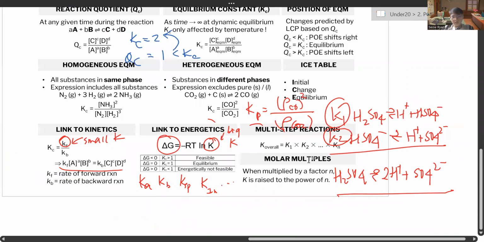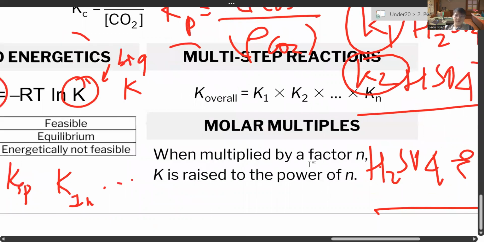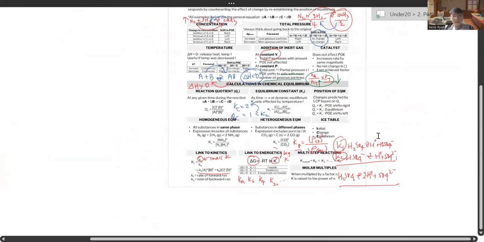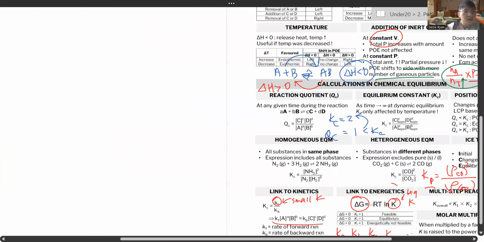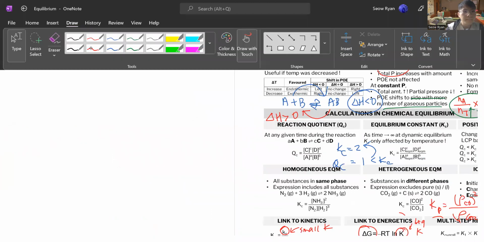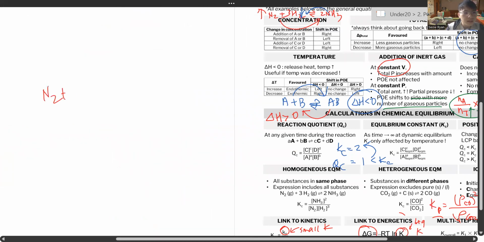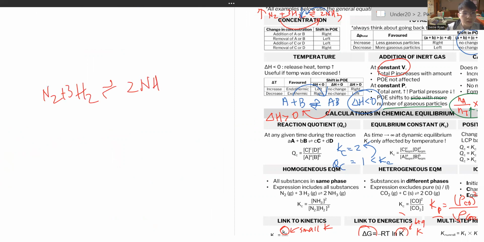Okay, molar multiples. What this means is that, let's say now I do the Haber process, right? So if I have N2 plus 3H2 forms 2NH3, this is K1. If I were to do something like half N2 plus 3/2 H2 forms NH3, what's the Kc of this reaction?